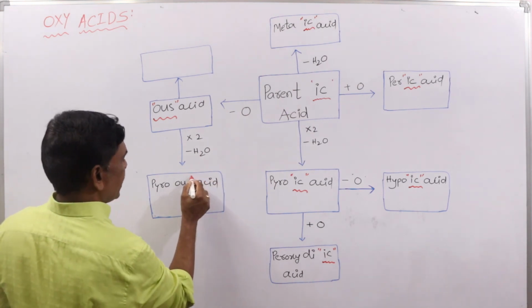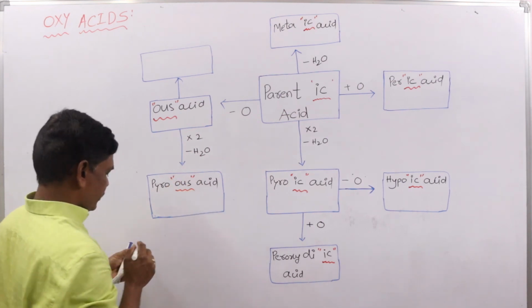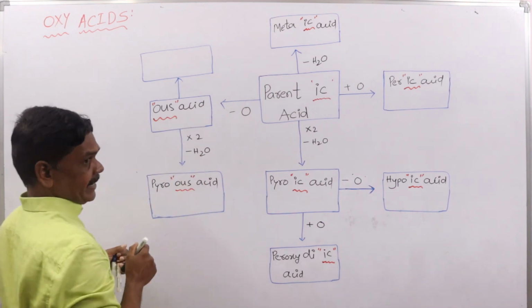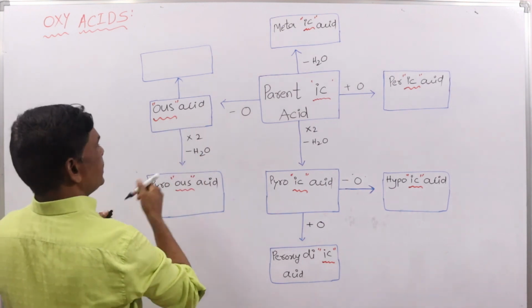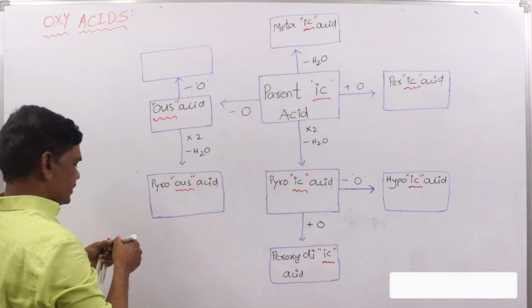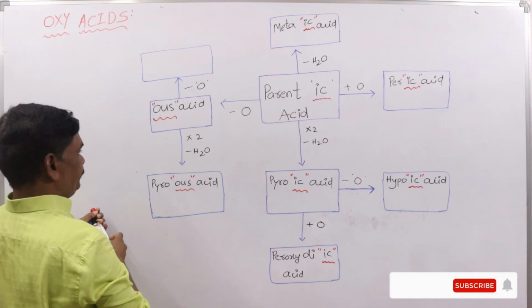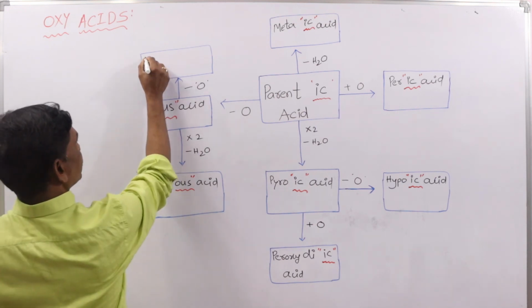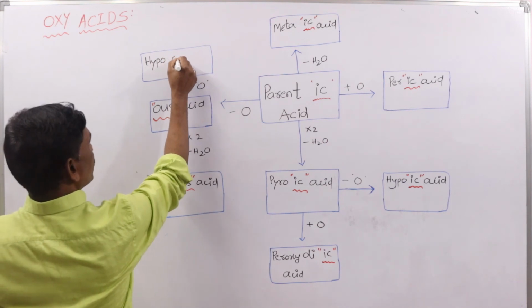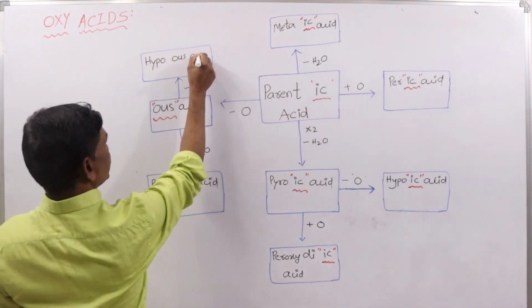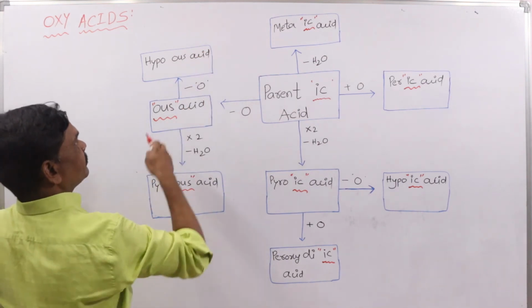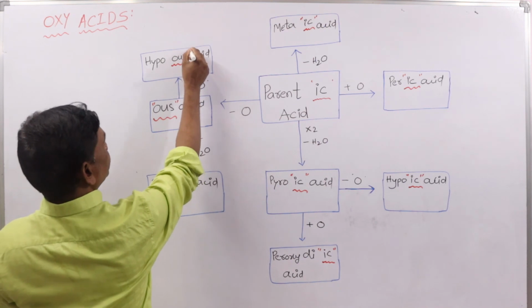Here it is the -ous form. Similarly, from this -ous acid, removal of one oxygen gives hypo -ous acid. This is the -ous form.